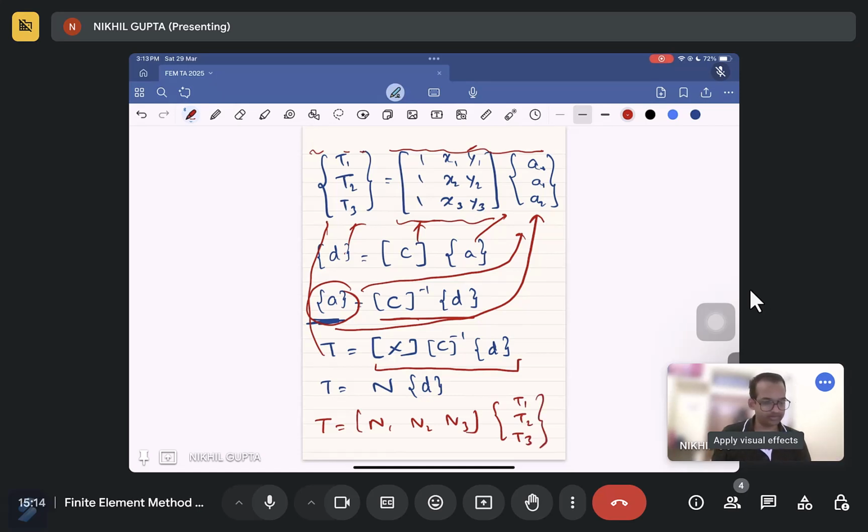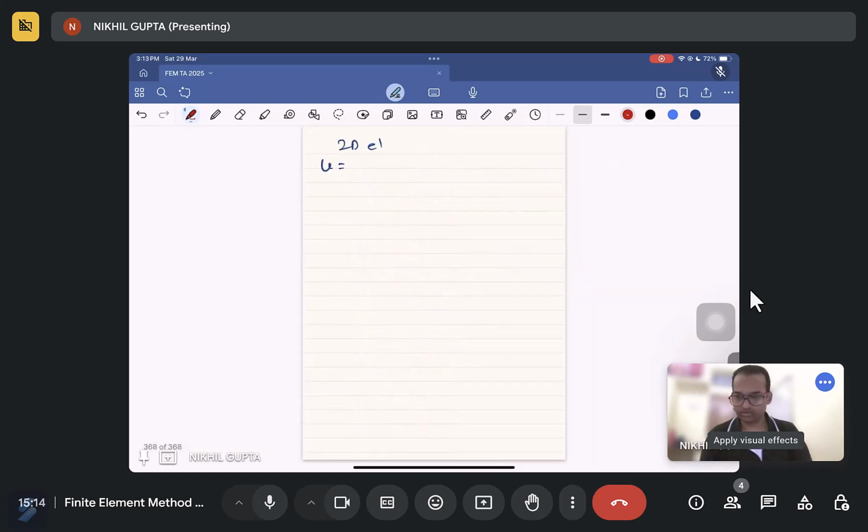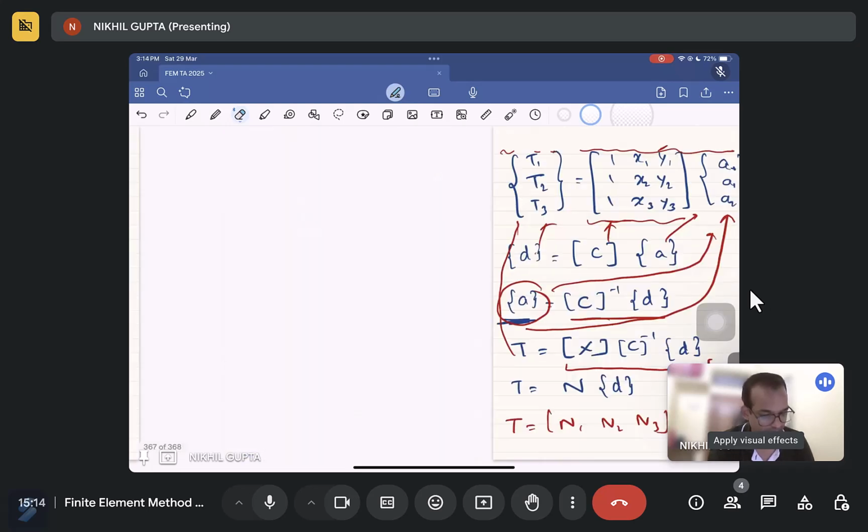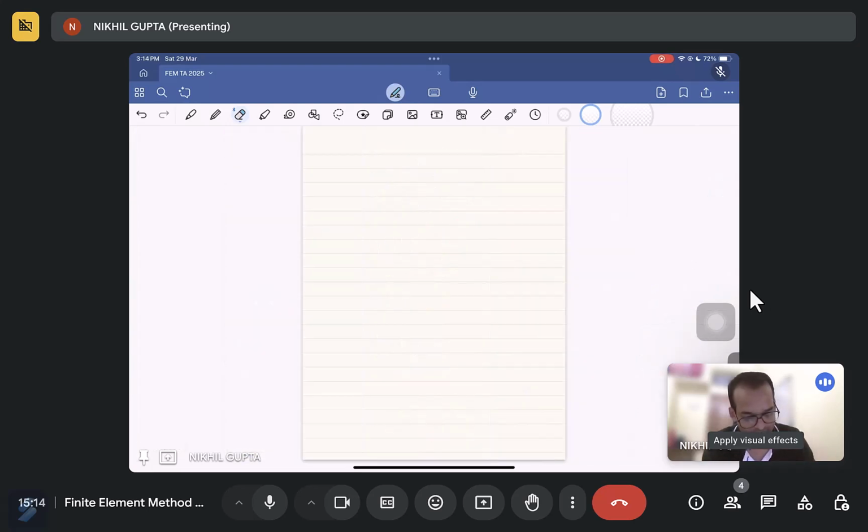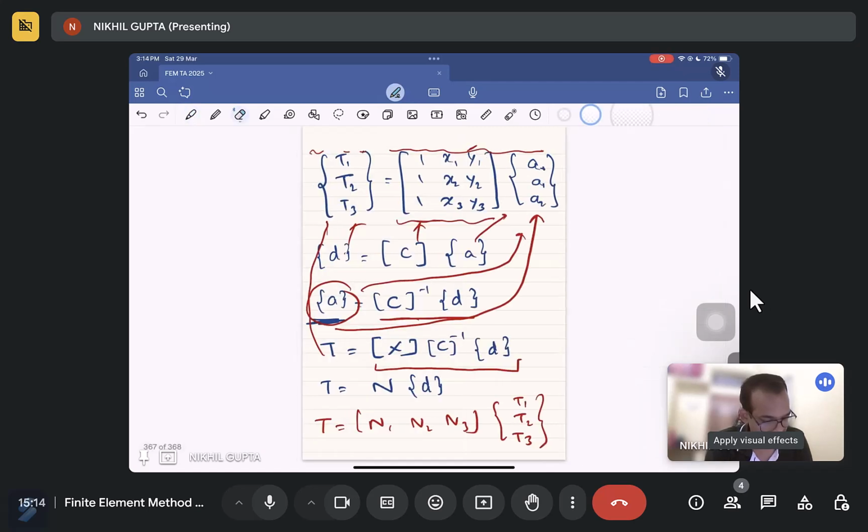Now let's say in a 2D elasticity problem, you can write U as U1, N1. Why to take it in the anti-clockwise direction? So when you get N as X C inverse, we have to get the inverse of this matrix.